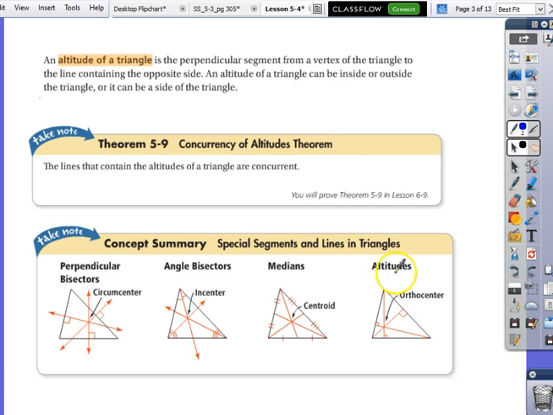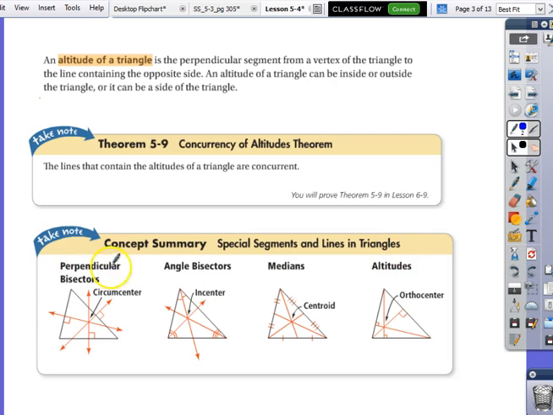The point of concurrency for altitudes is an orthocenter. To sum up, we have 4 points of concurrency: circumcenter, incenter, centroid, and orthocenter. And respectively, they match with perpendicular bisectors, angle bisectors, medians, and altitudes.